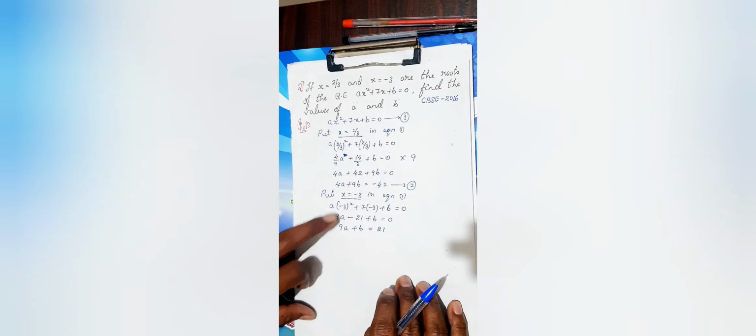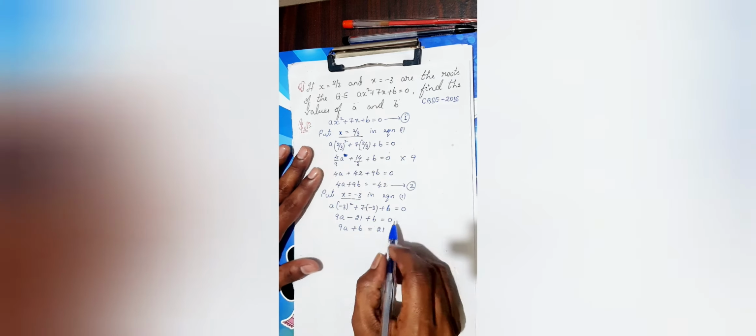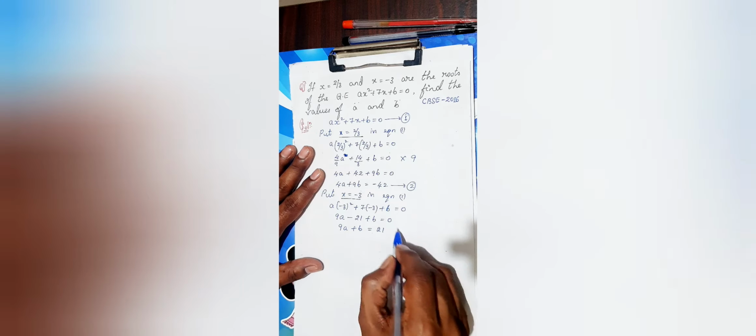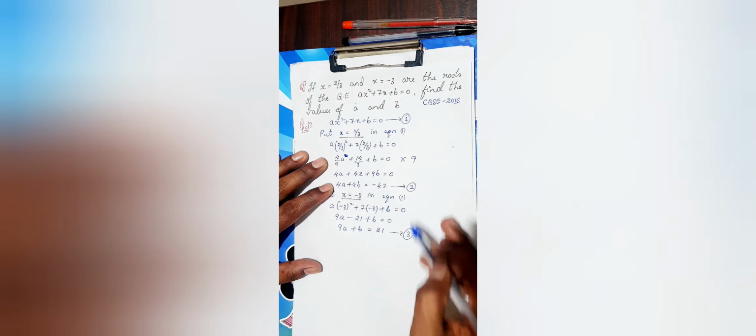So it is 9a minus 21 plus b is equal to 0, or I can take this as 9a plus b is equal to 21. Let me take this as equation 3. Now I have 9b in one equation and just b in the other, so I have to solve the simultaneous equations 2 and 3 to get the values of a and b.